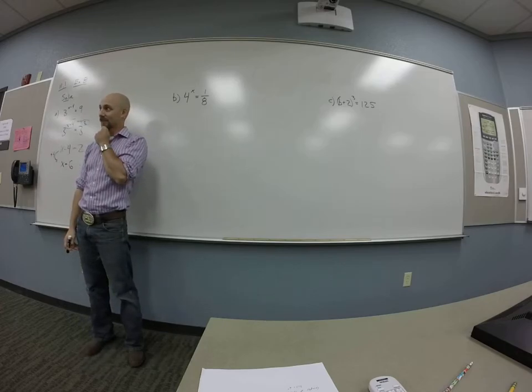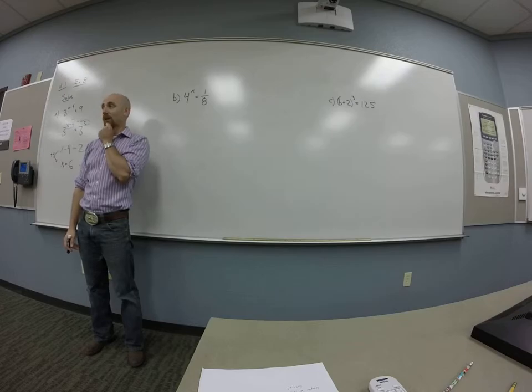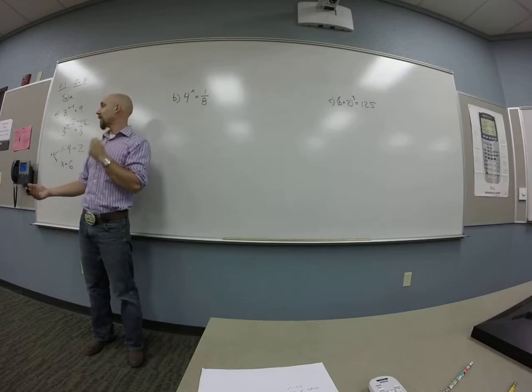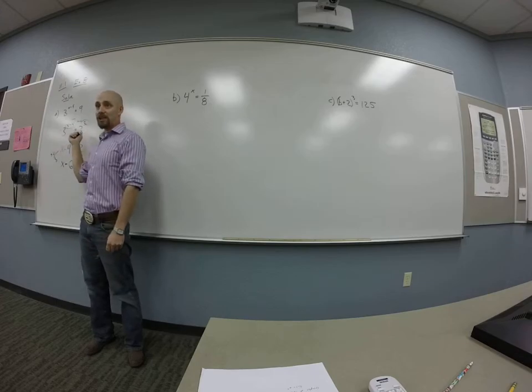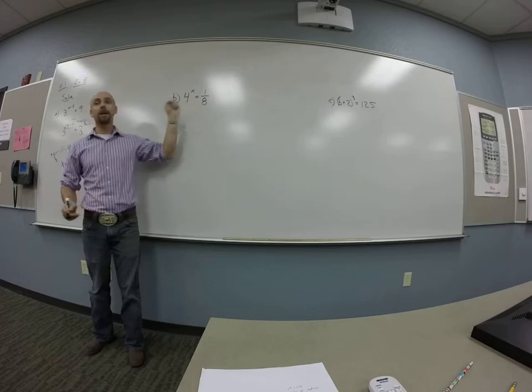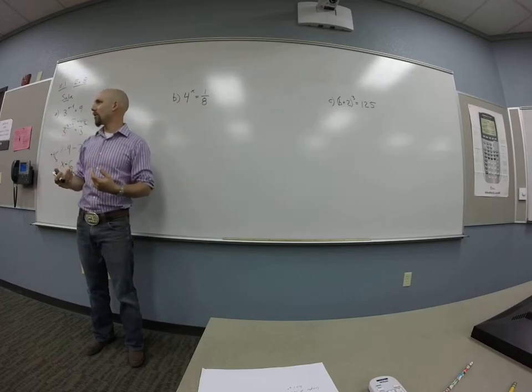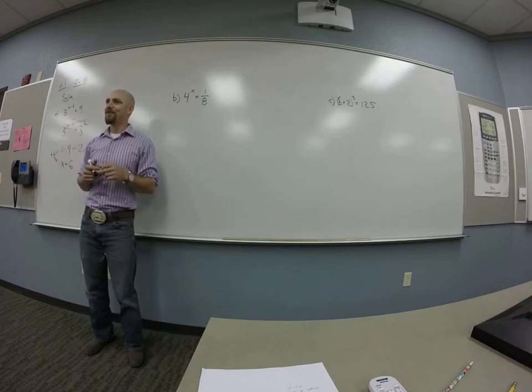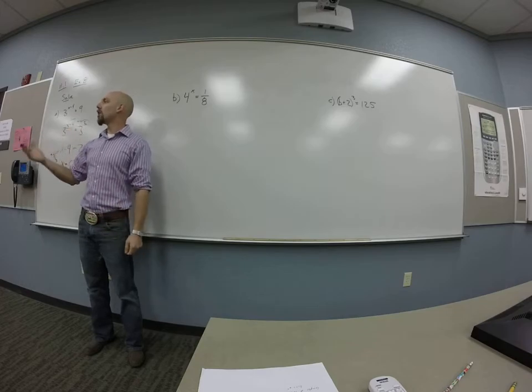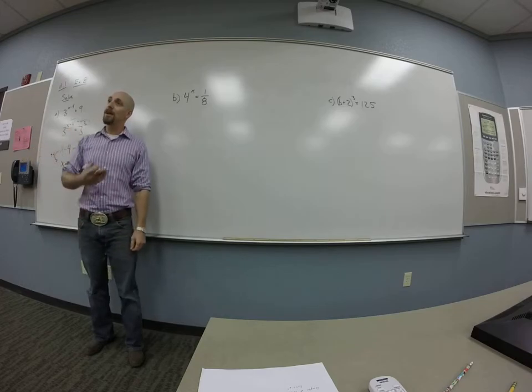Why are these going to be hard to make the same? Yeah, because this is a common base. The common base is going to be hard to get over here because 4 and 8 don't really have a power that makes 4 into 8 that's really convenient. No worries. So what's the common kind of base that makes 4 and 8?